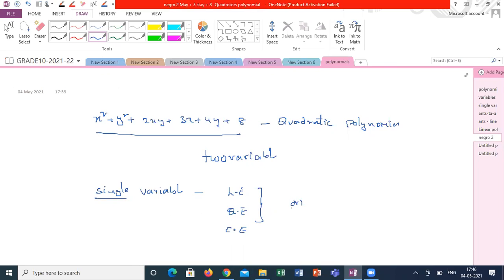A linear equation of one variable, we already did in grade 6, how to solve ax plus b equal to 0. What are the solutions of ax plus b?